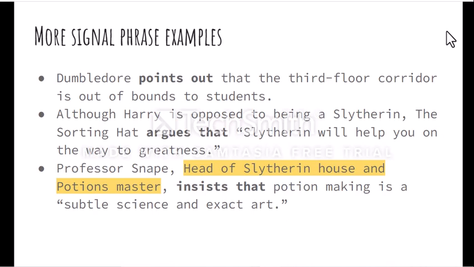It reads, head of Slytherin House and potions master. This is a credential. I am telling why Snape is a credible source, why his words even matter. Why do we care what Snape thinks about potion making? Oh, it's because he's the head of Slytherin House and he's the potions master.